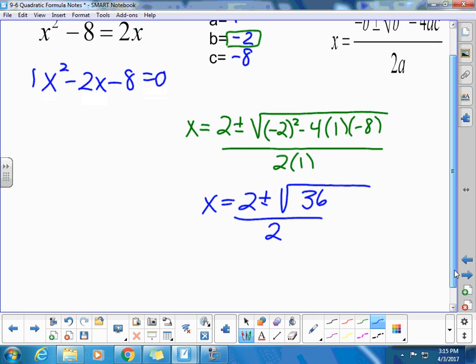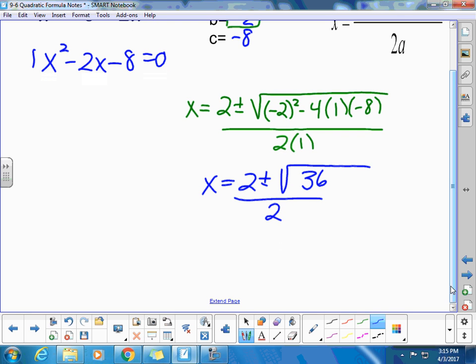All right, we probably all know the square root of 36. If you don't, you can hit the square root button. It's just sometimes they are decimals and I want us to show the work. So we get x equals 2 plus or minus, hopefully you know the square root of 36, is 6 over 2. Now when I look at this, I could simplify here because these are all even numbers.